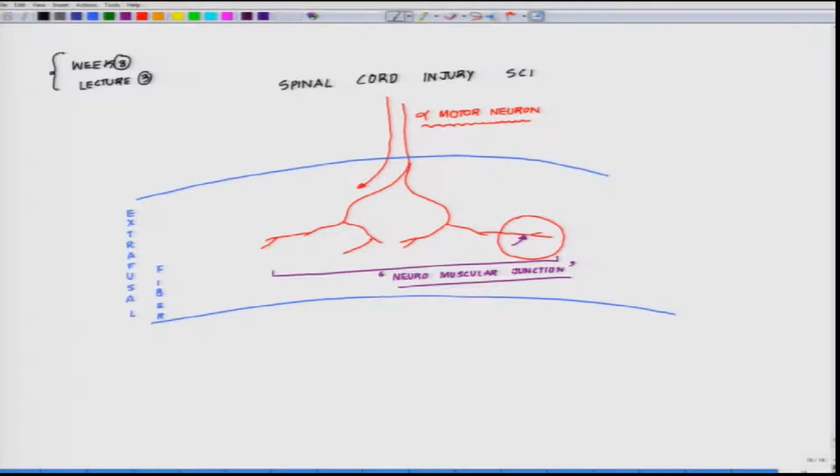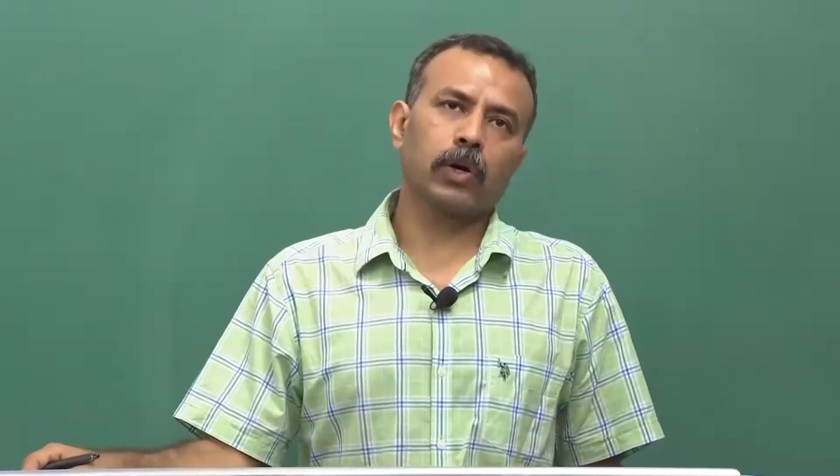So, at the neuromuscular junction, how does the neuromuscular junction really look like? We have already talked about the signal originating from the muscle spindle going to the spinal cord.